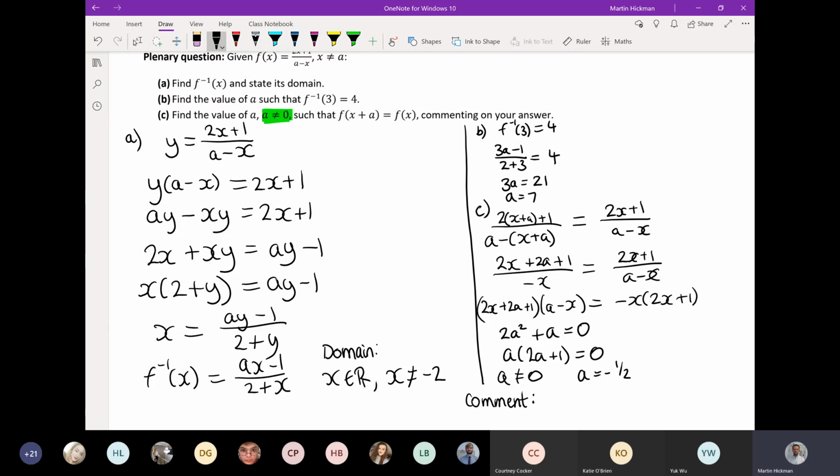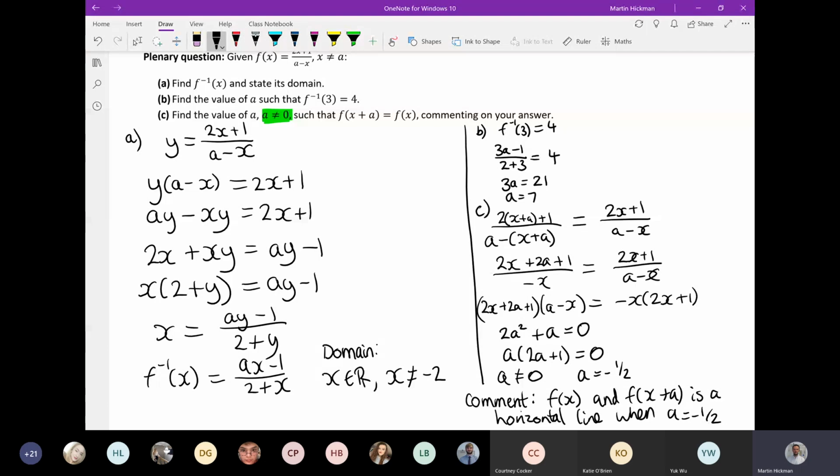I did make a little GeoGebra document showing what happens with that a. Basically, when a equals -1/2, it's just going to be a horizontal line. So f of x and f of x plus a is a horizontal line when a equals -1/2.